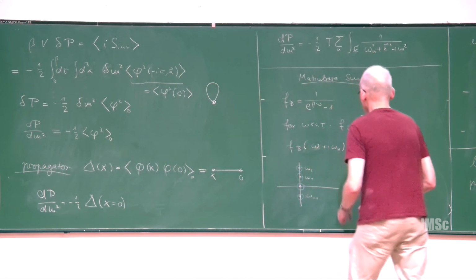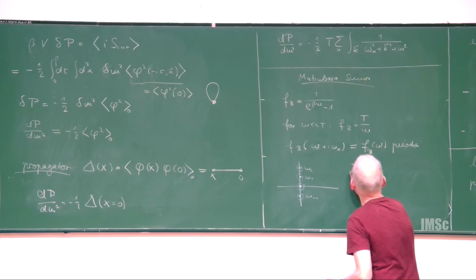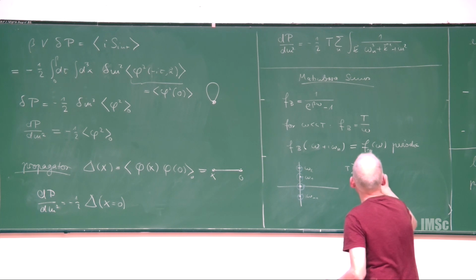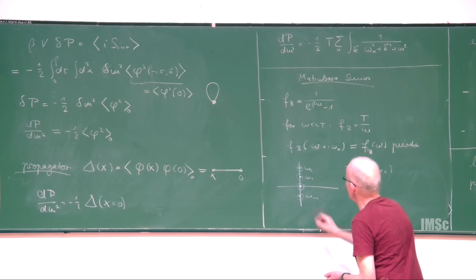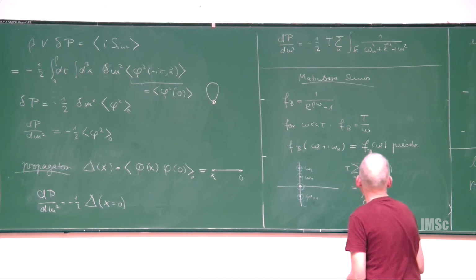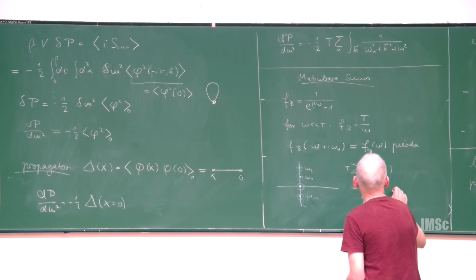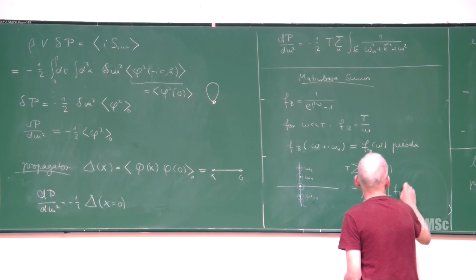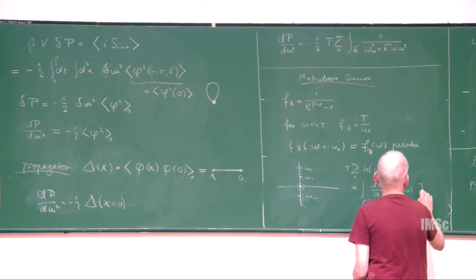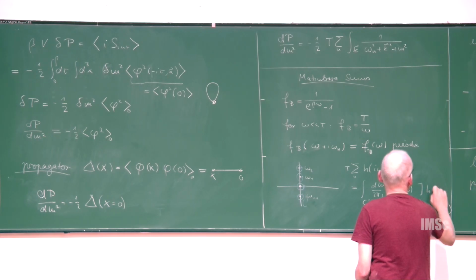So if you have a Matsubara sum, T times the sum over omega n of some function h of i omega n, you can write it as a contour integral around this contour, call it C prime, d omega over 2 pi i, times the Bose distribution function of omega times this function h of omega.